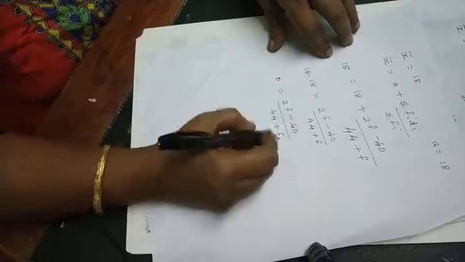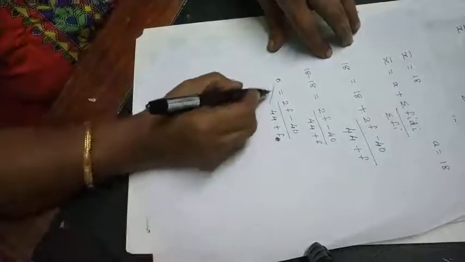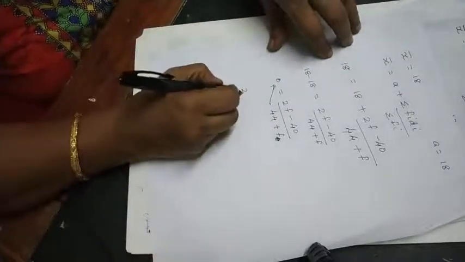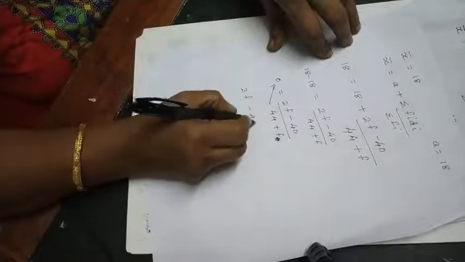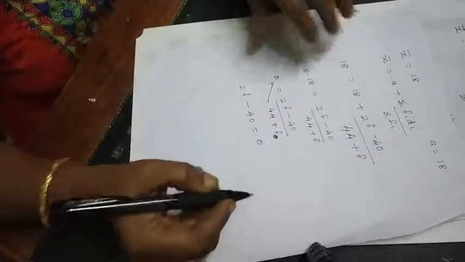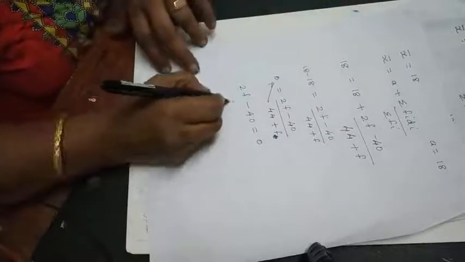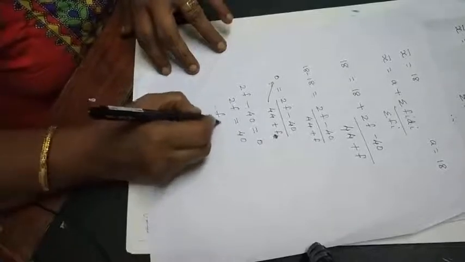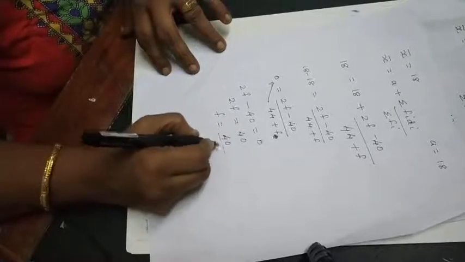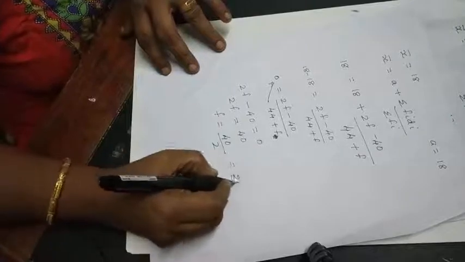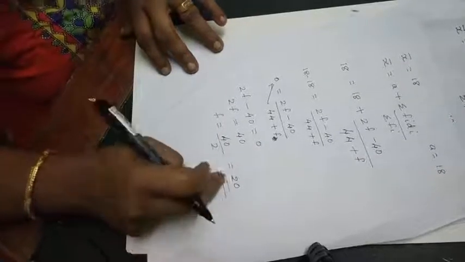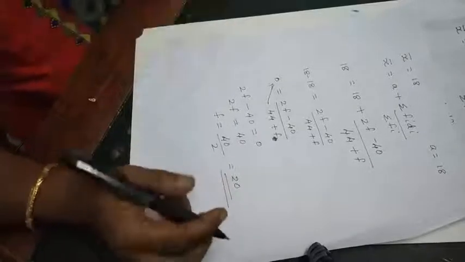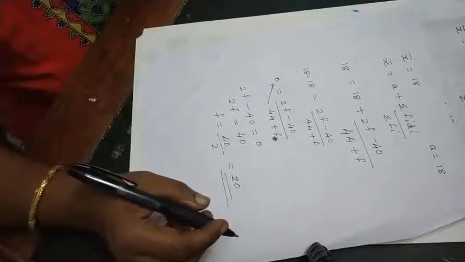Cross multiply that one: 0 into this one will be 0. So you will get 2f minus 40 is equal to 0. 2f is equal to 40, so f is equal to 40 divided by 2, that is equal to 20. You are asked to find f. So f is equal to 20.